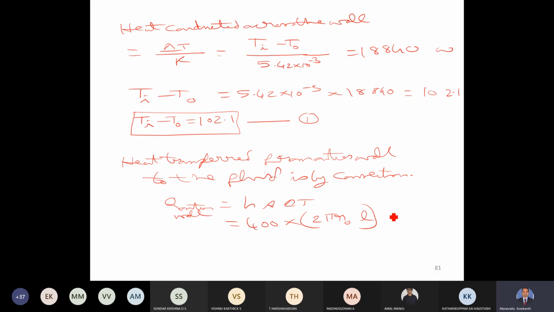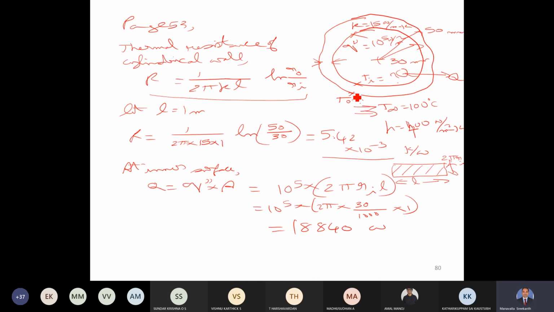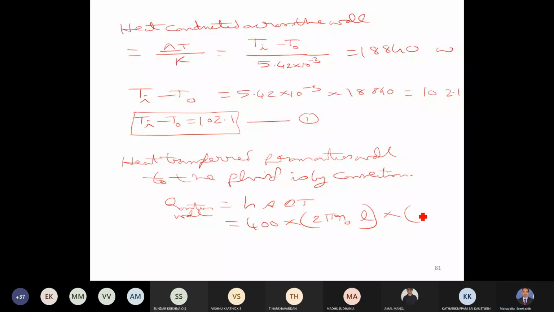This will be the area multiplied by delta T, the difference between this surface temperature and the fluid temperature, To minus 100. So this will be 400 multiplied by 2 pi multiplied by R outer is 50 by 1000, we'll convert it to meters, multiplied by length is 1 meter, multiplied by To minus 100.